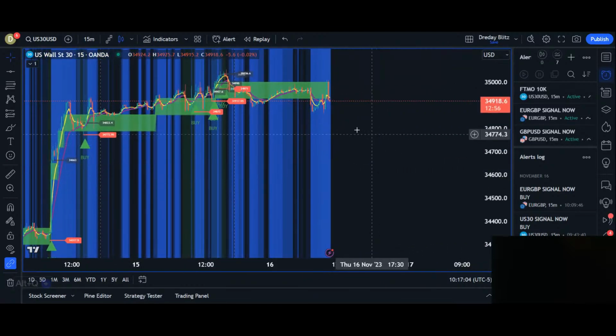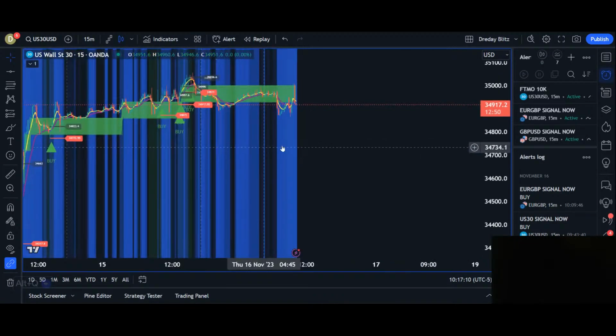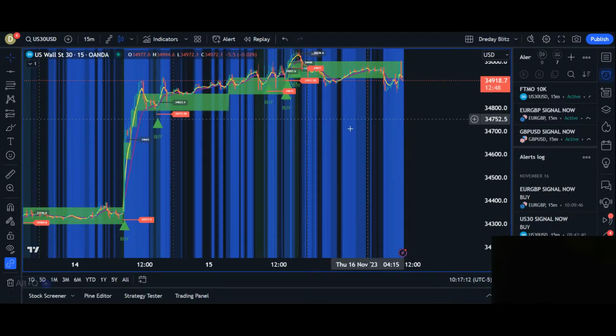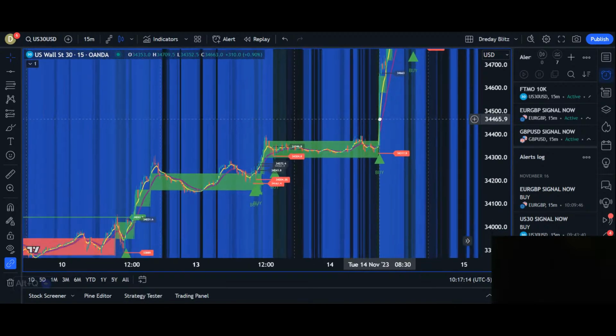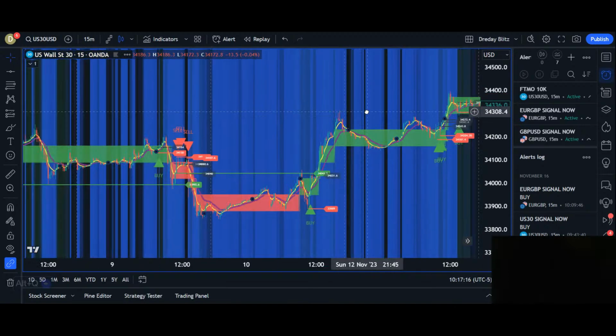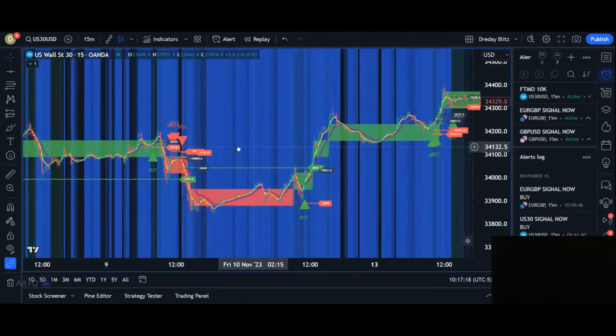We're not here to get 100% of the trade right. You could get 30% of the trade right, and you're still going to grow your account. Why? Because it's based off of the risk to reward.